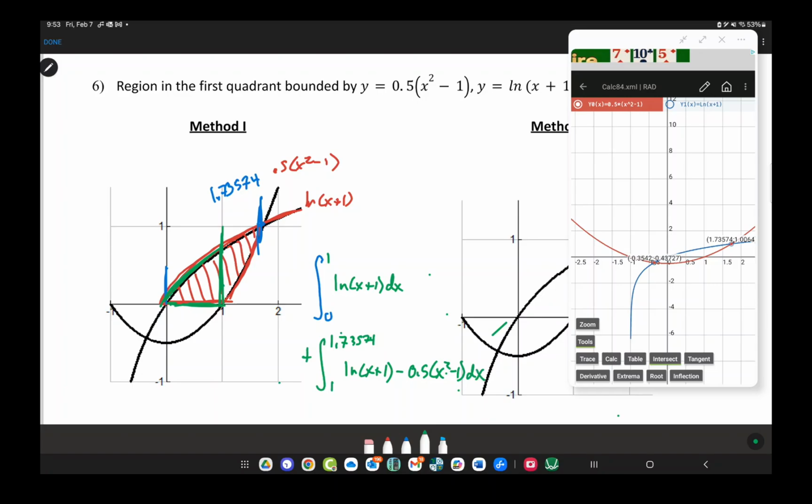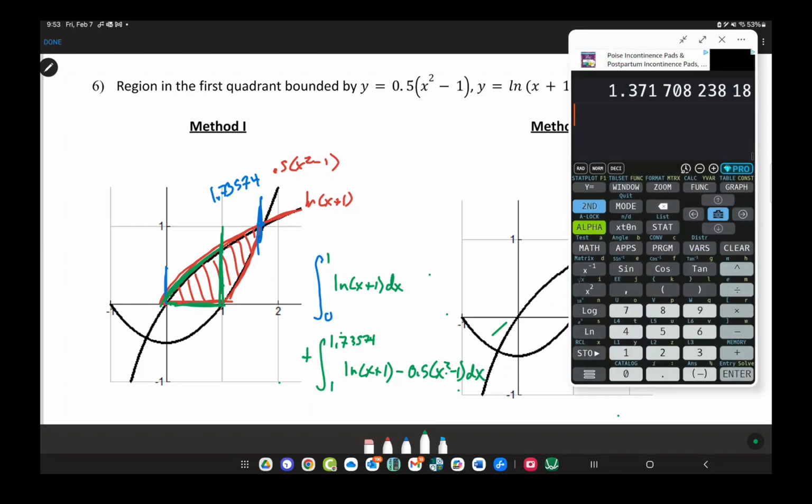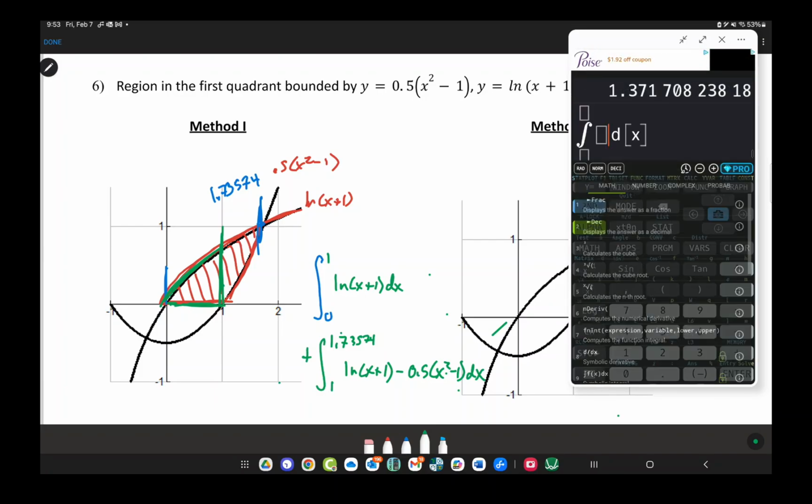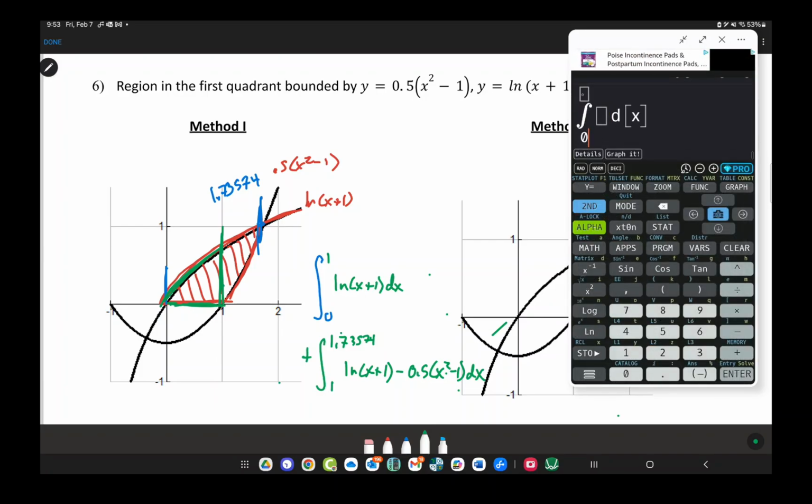So, 0 to 1 of just the natural log of x plus 1, plus 1 to 1.7357 of the natural log of x plus 1 minus 0.5 x squared.